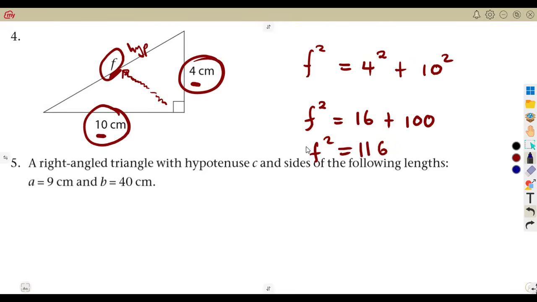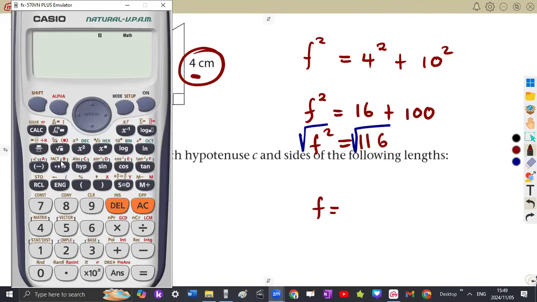As we can see, determining the square root of 116, it was not going to be an exact value. We do not have an exact answer. Like on 100, you can simplify that, but in this case, 116, we cannot. Okay, let's use our calculator so that you see what I'm trying to say. The square root of 116 is 2 square root of 29.